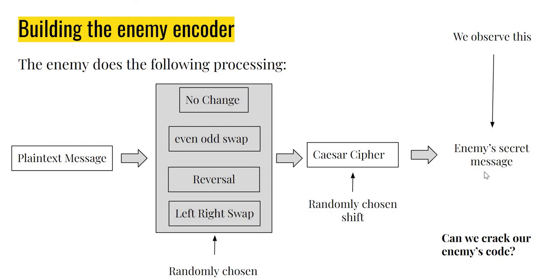We already know what we are going to do. We have seen this for no change, for even or swap. We are now just going to include these two, and the philosophy is very simple. Remember, we are using a brute force approach, which means we are trying every possible shift on the cipher. We can likewise try each of these encodings and see which gives us the string Python in the first six characters.